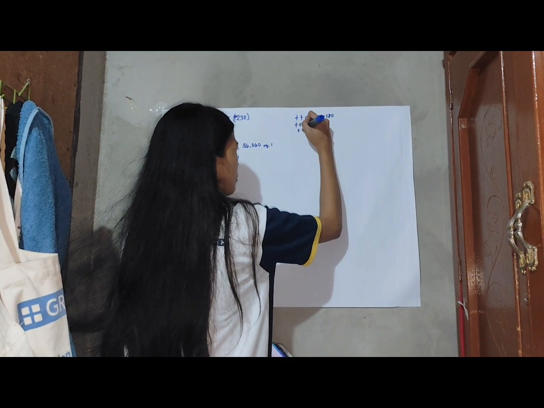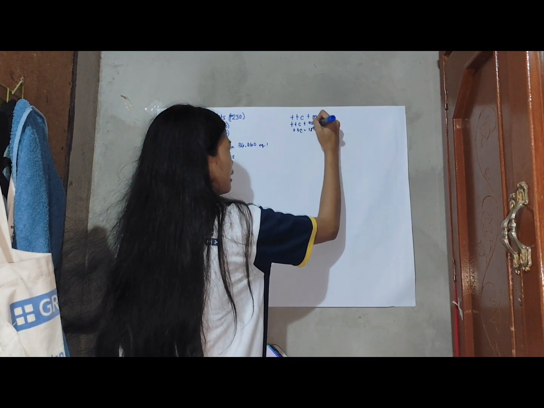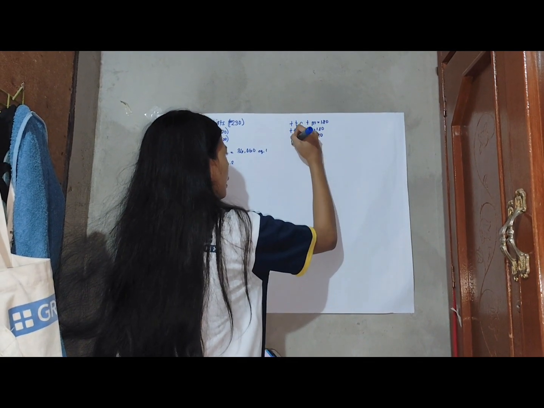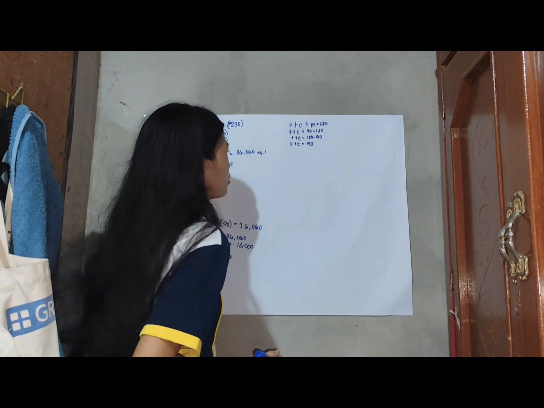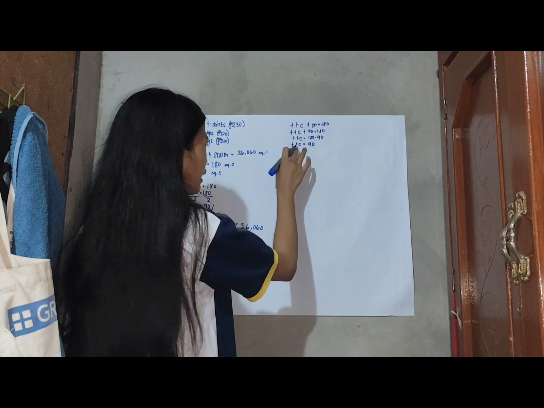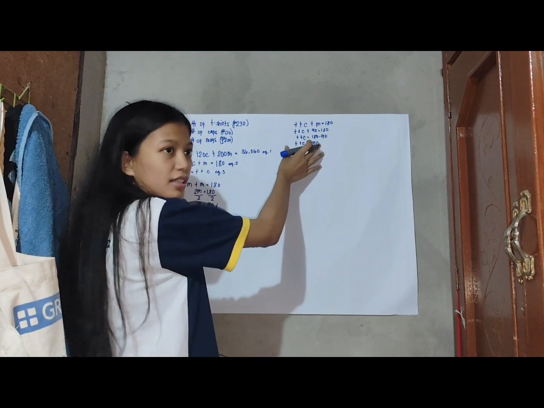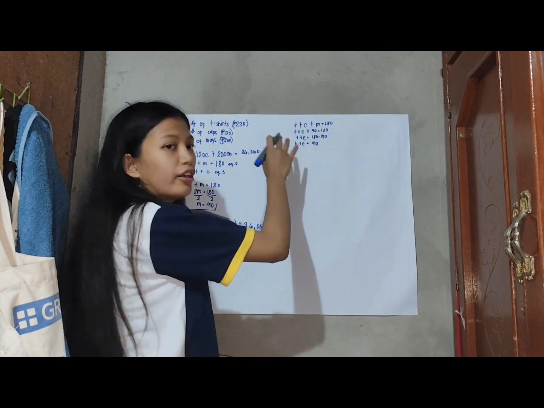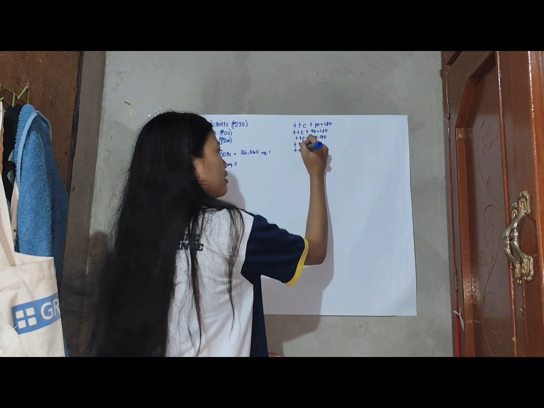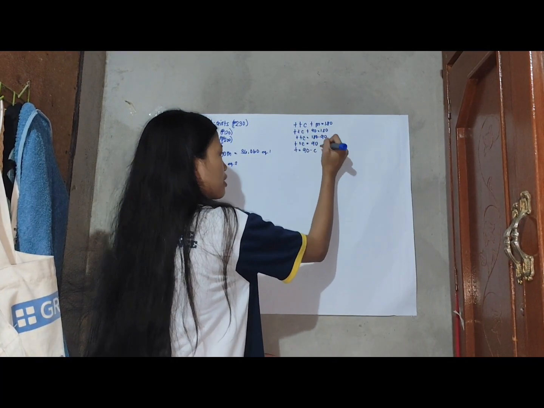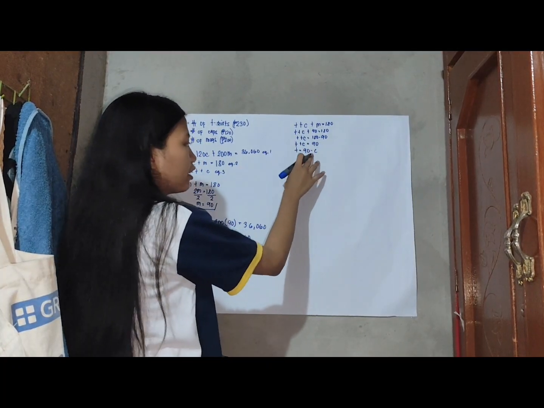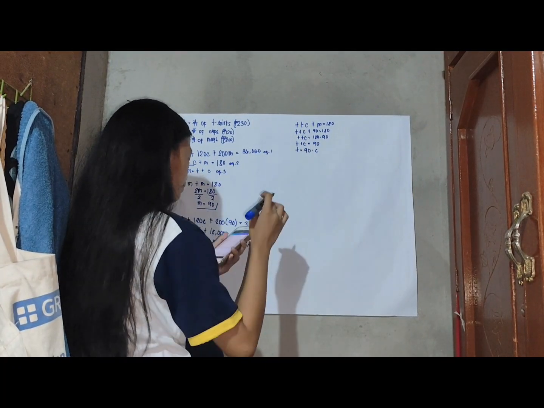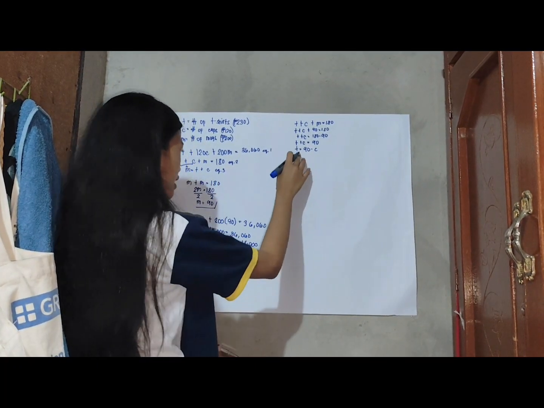So t plus c is equal to 180 minus 90, and t plus c is equal to 90. So here, we can use this to find the value of either t or c. So t is equal to 90 minus c. We just transpose c to the other side, and the operation changes.